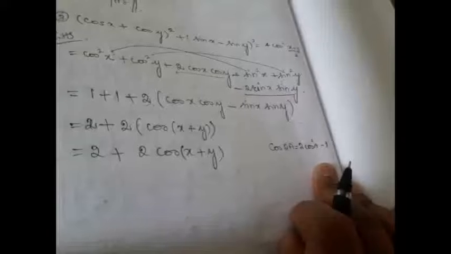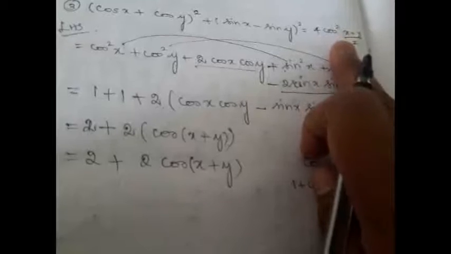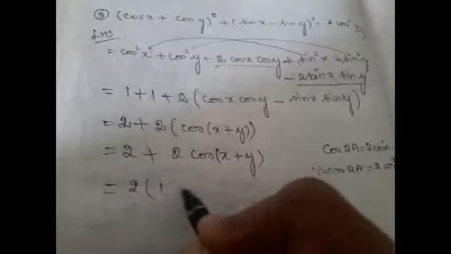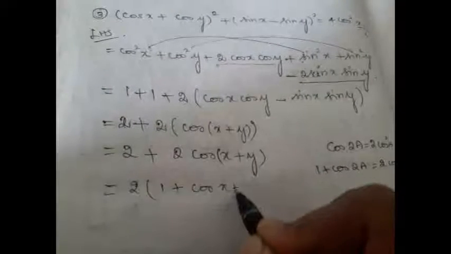So from this we can write 1 plus cos 2a equal to 2 cos square a. You have to remember this identity. See why we have written in terms of cos square, because we need the answer in terms of cos only. So we have taken the cos 2a formula in terms of cos square a. Before that we will take 2 common from this. So we will get 1 plus cos x plus y.